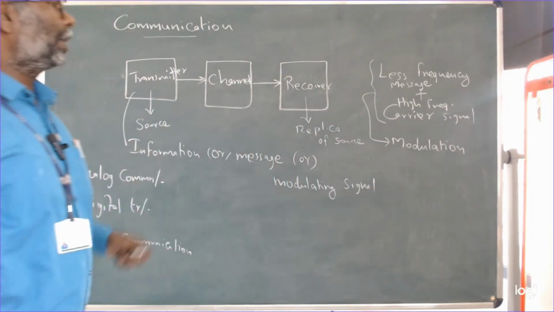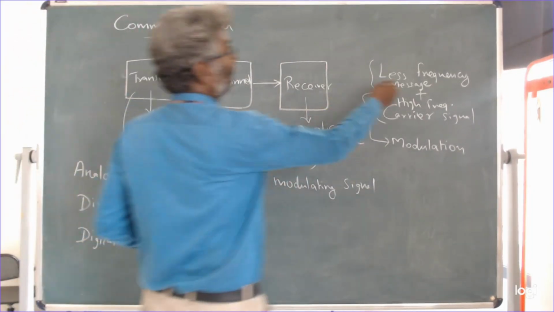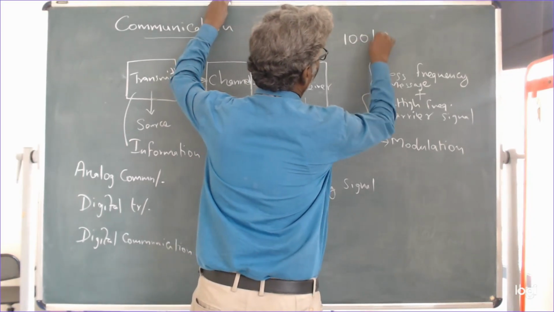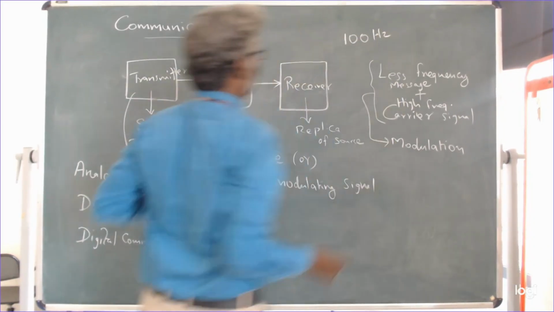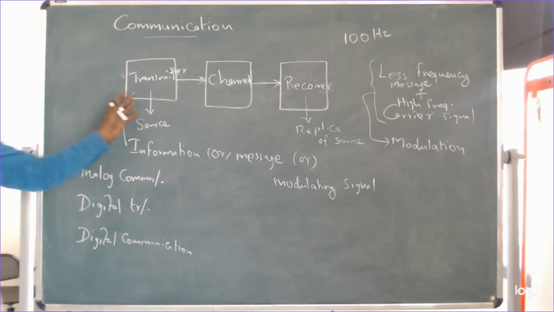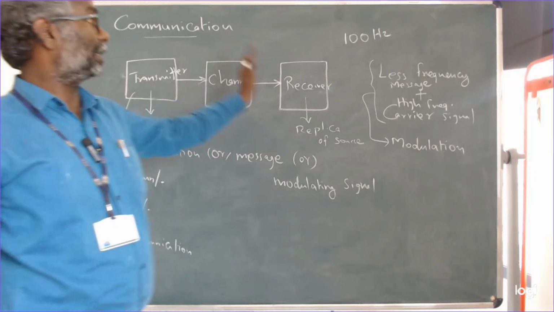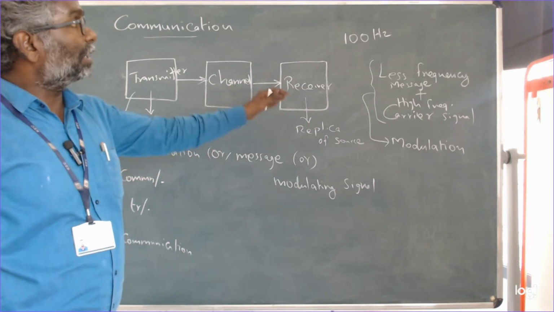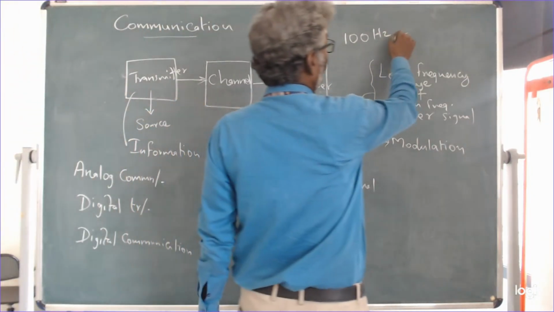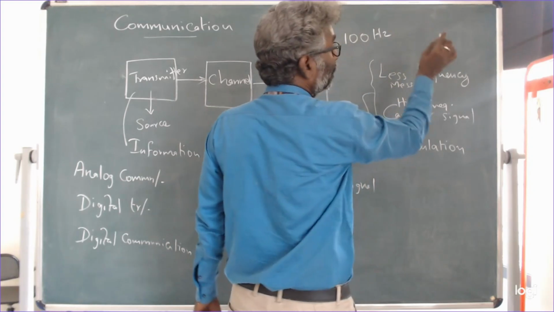For example, if I have a message signal with a frequency of 100 Hz, and I would like to transmit the 100 Hz message from the transmitter to the receiver side, it is not able to reach the receiver because of the low frequency. So I have to increase the frequency level, but it is not possible to increase the frequency of the message.